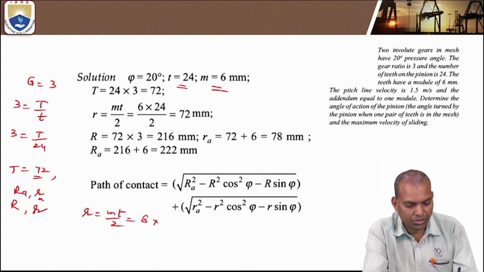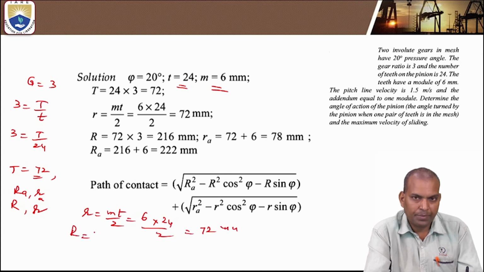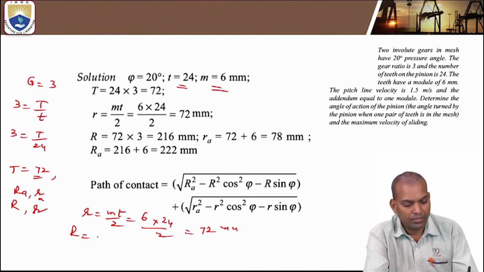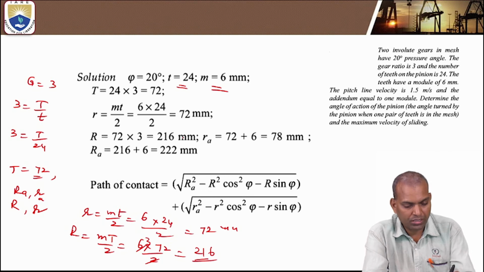Here m is 6, so 6 times small t, 24, by 2, that is 72. And capital R, the pitch circle radius of the wheel, is m into capital T by 2, 6 into capital T, 72, by 2, that is 3 times 72, that is 216 millimeters.